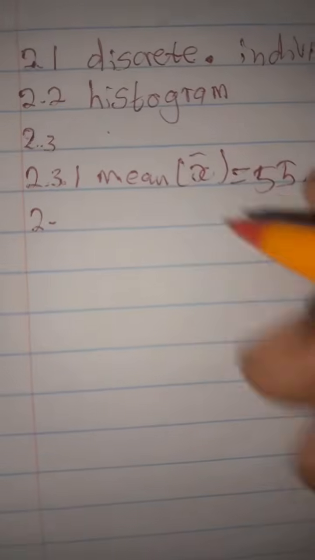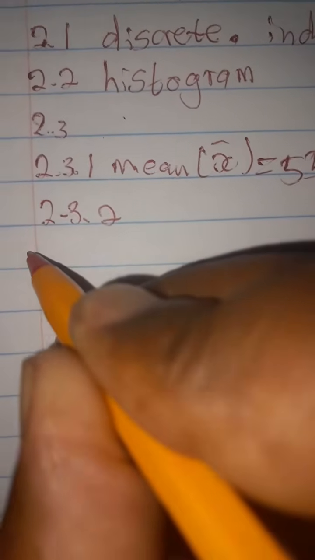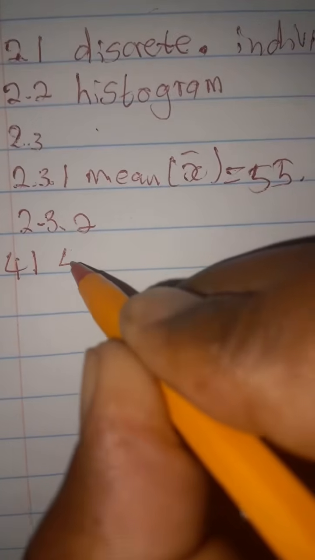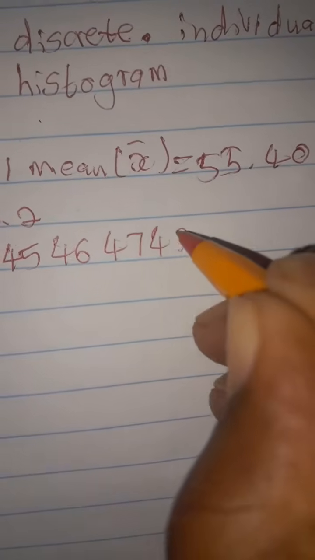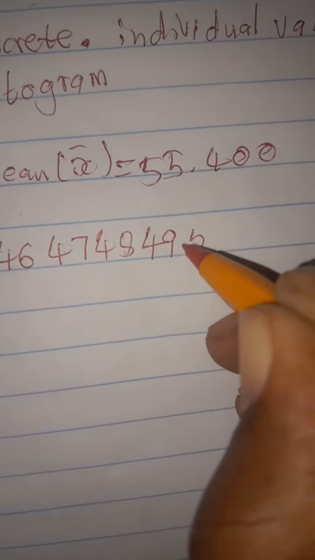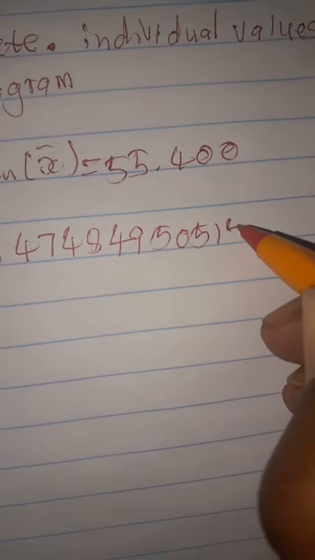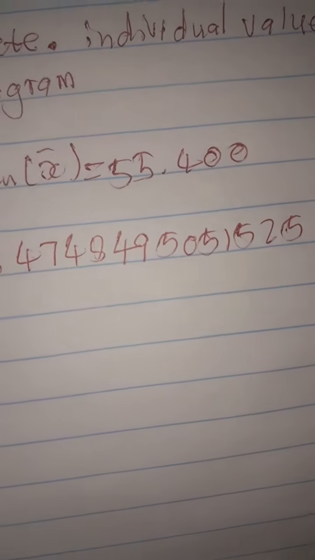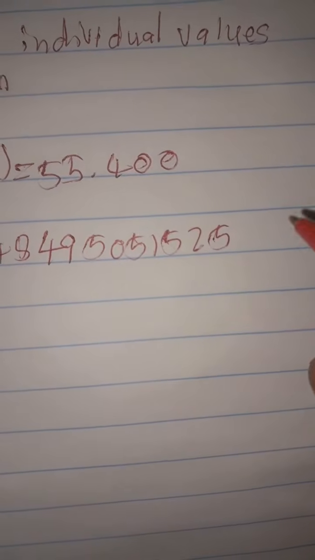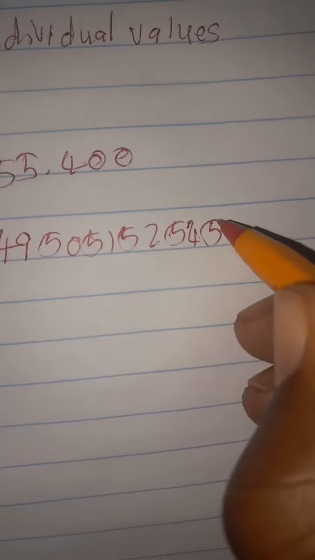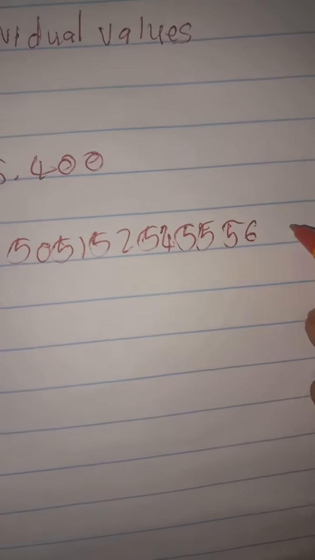Okay, so let's do this. We have 2.3.2. So the data is going to be 41, as well as 45, 46, 47, 48, 49. Then we have 50, 51, 52, we also have 51, 52, 54, 55, 56, 58, 58.